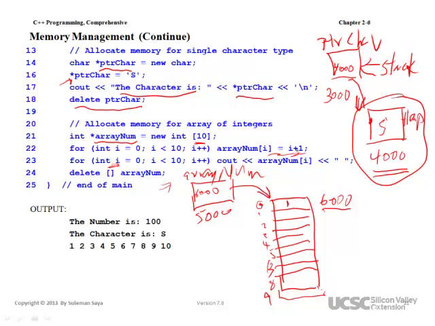The first one, since I will be 0, so 0 plus 1 will be 1, and then this will be 2, and then this will be 3, and this is 4, and this is 5, 6, 7, 8, 9, and 10. Okay, so these array elements are going to be initialized.